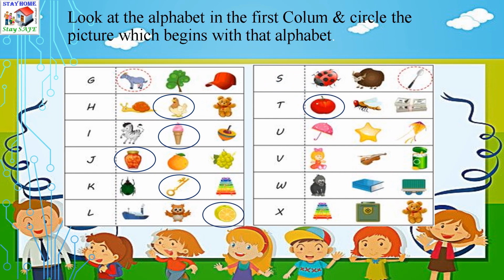T is for tomato. U is for umbrella. V is for violin. W is for wheel. And X is for xylophone.